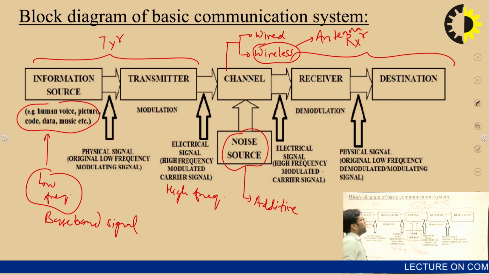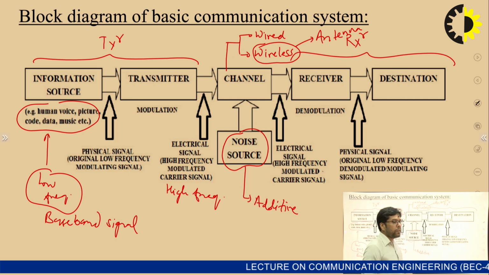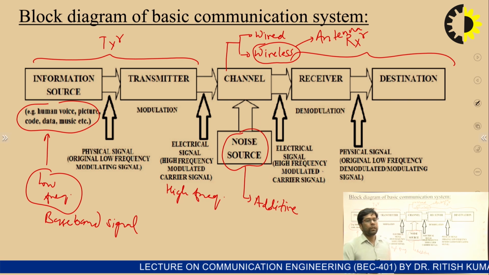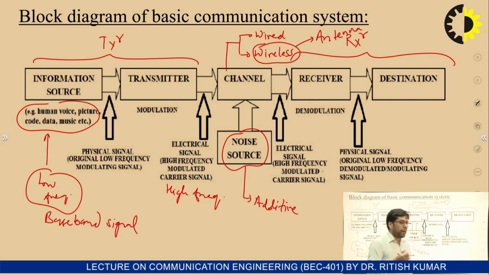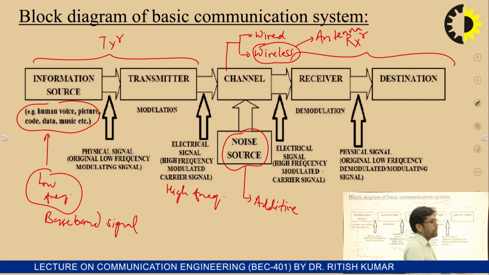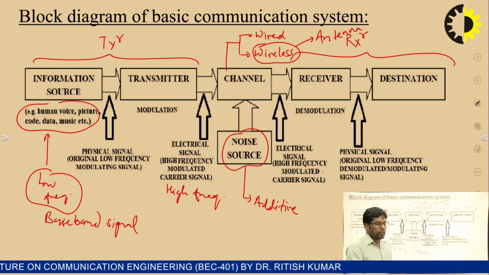So it is required to place the antenna at the transmitter side before the channel, and at the receiver side also we need an antenna that receives the signal after the channel. The channel is nothing but a free space medium.